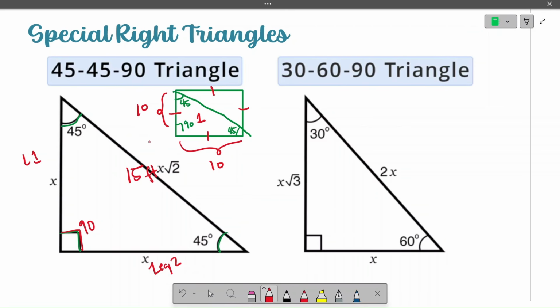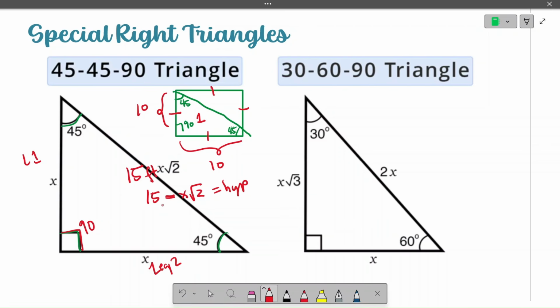So if our hypotenuse is, let's say, 15 feet, what are leg 1 and leg 2? Ang gagawin lang natin dyan ay use the hypotenuse and equate natin siya sa standard form ng ating hypotenuse. So our hypotenuse is 15, and 15 is this, because this is our hypotenuse, right?